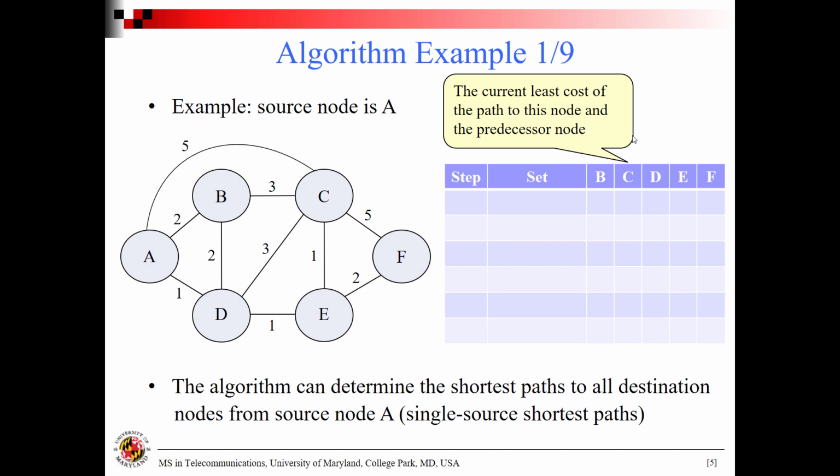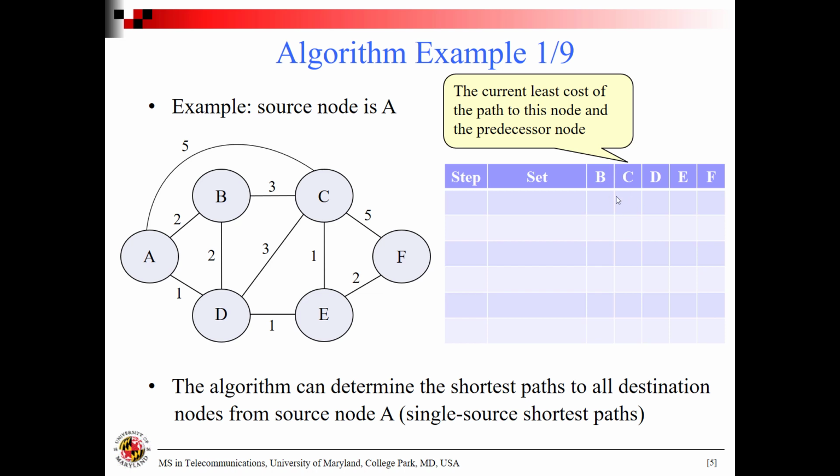Okay. So the predecessor node will be very, very important, because that will allow us to do that traceback after the forward phase of the algorithm is over, and to actually trace our way back through this sequence of pointers, if you will, and determine the actual path from a particular source to a particular destination.